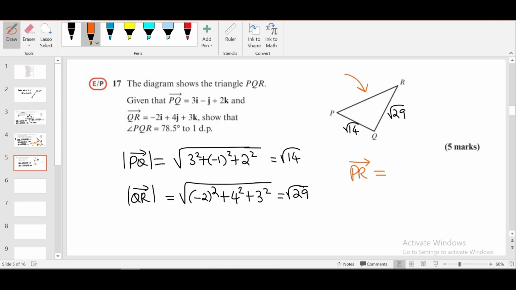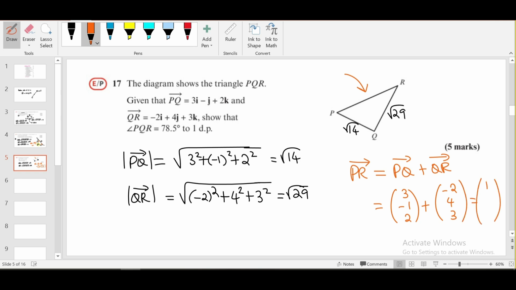To find PR, you would just do PQ plus QR. Exactly, PQ plus QR. Start from P, reach Q. You can go PQ plus QR, right? So you need to add PQ, which is 3, minus 1, 2, with QR, minus 2, 4, 3. You would get 1, 3, 5.